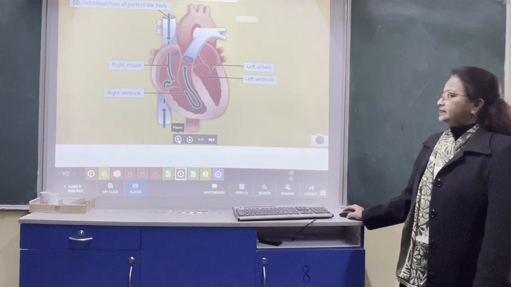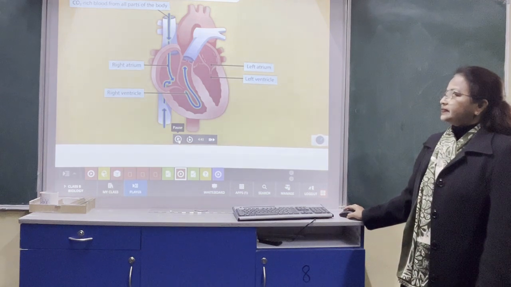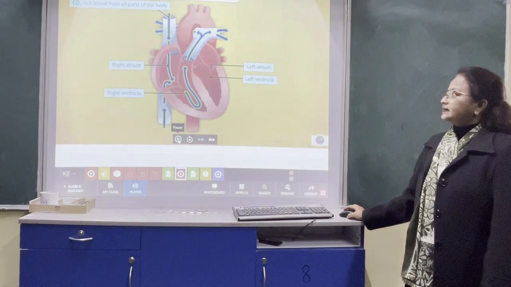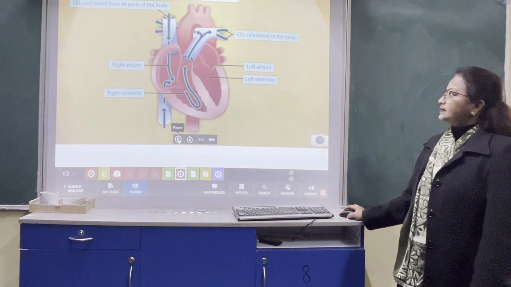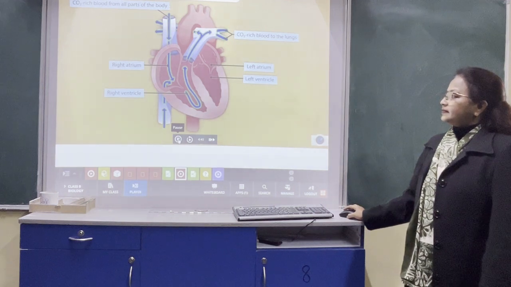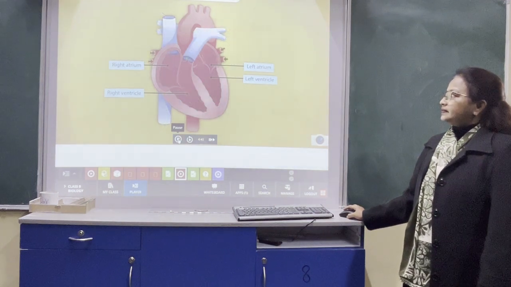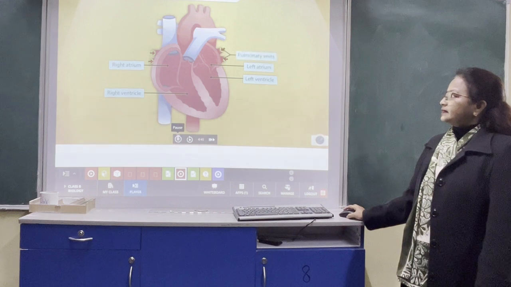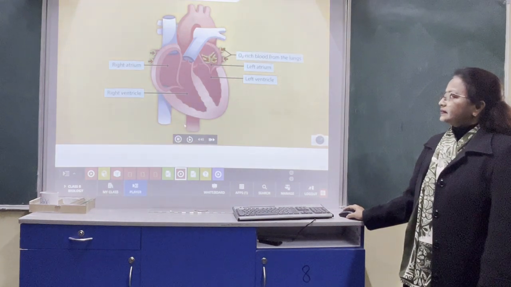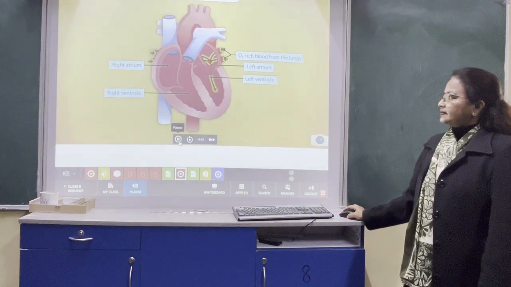Yes. The right ventricle then contracts and pumps the blood into the pulmonary arteries, which carry this carbon dioxide rich blood to the lungs. The lungs enrich the blood with oxygen. From the lungs, the pulmonary veins carry the oxygen rich blood to the left atrium. The left atrium contracts and sends this blood to the left ventricle.